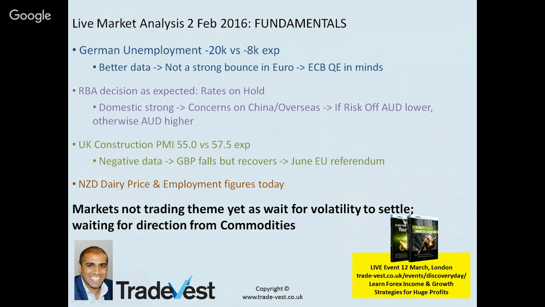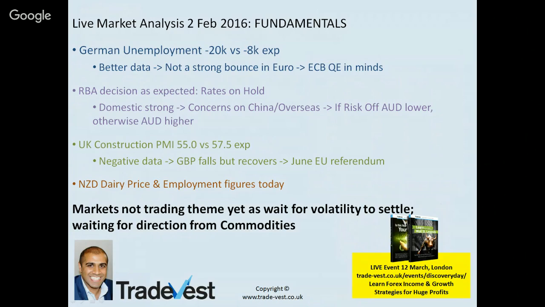We've also got the New Zealand dollar dairy price and employment figures today as well, so you can expect to see some volatility in the New Zealand dollar, and there's some potentially great trades happening on the New Zealand dollar as we speak, something I'm going to look into in a few moments.